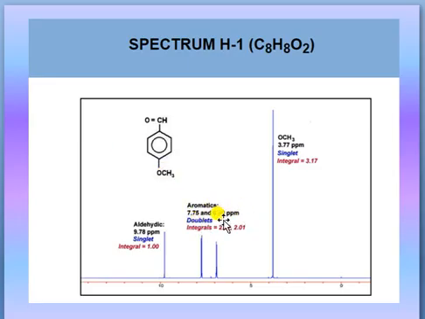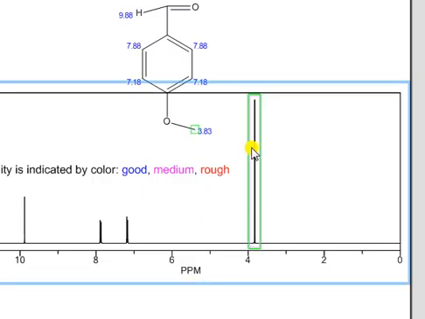So 6.90, 7.75, 9.78, and 3.77. This came at 3.83. This proton came at 7.17. This is 6.90, the actual value. And this value is 7.88. So this is the solution of the compound. We did it perfectly.